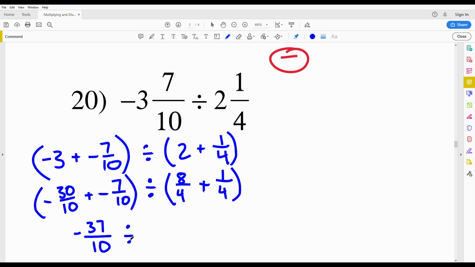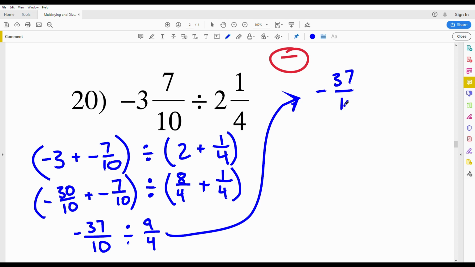And I'll be dividing that by 8 plus 1 is 9 over 4. Now remember, dividing by a fraction is the same as multiplying by its reciprocal. So we'll have negative 37 over 10, and I'll be multiplying that by 4 over 9. Dividing by 9/4 is the same as multiplying by 4/9.